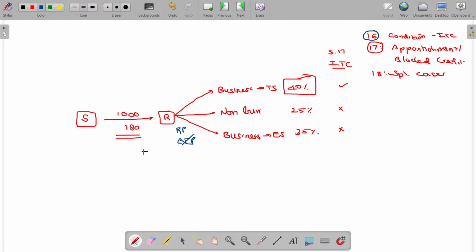In this case, this amount will be credited to his electronic credit ledger. Clear? Only to this extent, 40%. 72 rupees will be credited in his book, ITC. Clear?